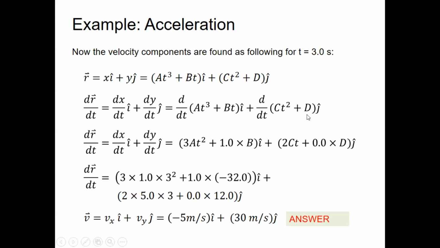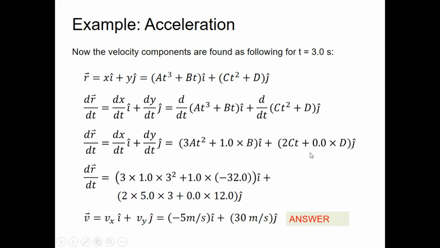So if we are going to write the values, I take the derivative. For this derivative, it is 3 times a multiplied by t square. The derivative of t cube is 3 times t square. Similarly, the derivative of t is 1. Similarly, the derivative of t square is 2 times t, and the derivative of a constant is 0.